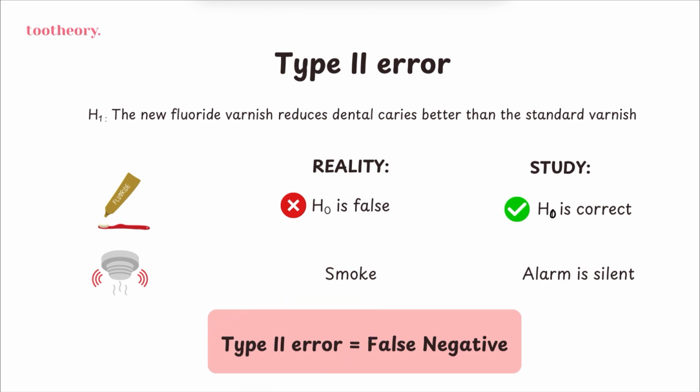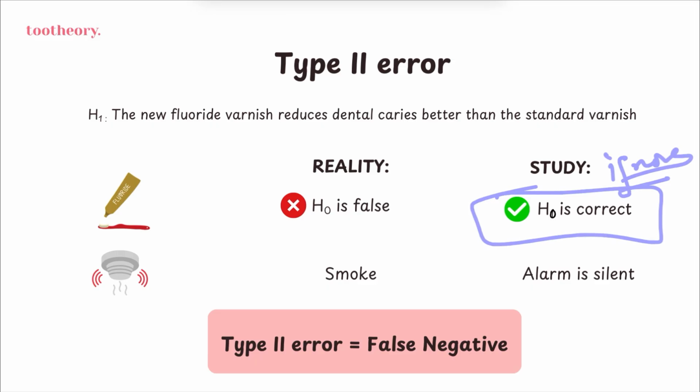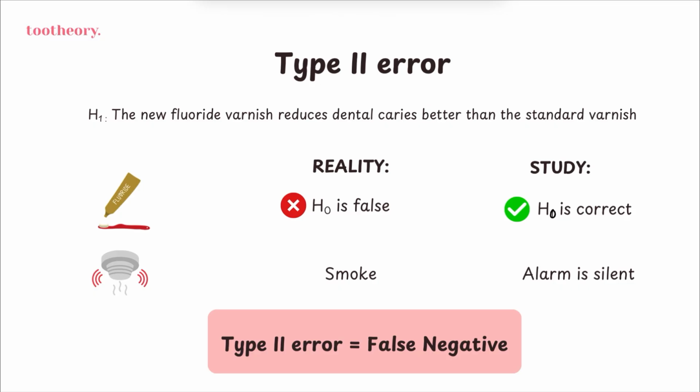That is called a type 2 error, where we basically point out a false negative, where there is actually some kind of effect, but our study ignores that effect and says, yes, the null hypothesis is true, when in actuality it is false. It's basically like when your smoke alarm misses the smoke and remains silent. So basically, type 2 error is a false negative.